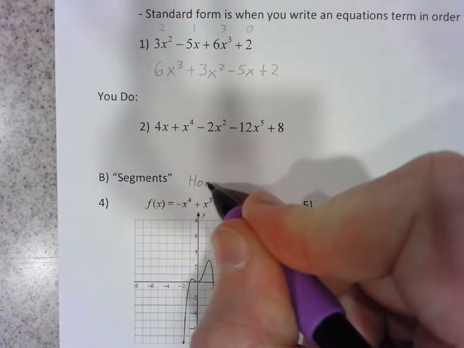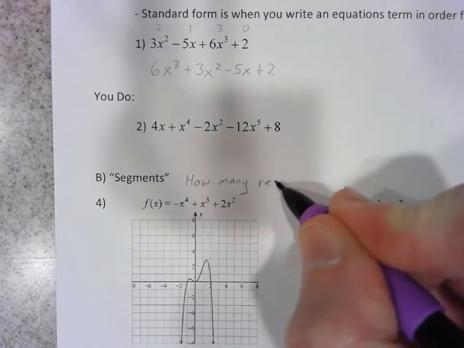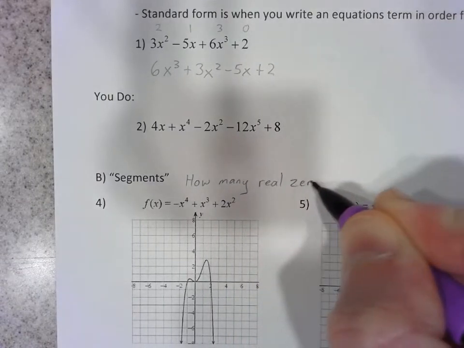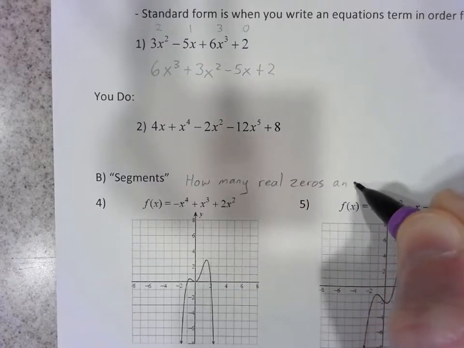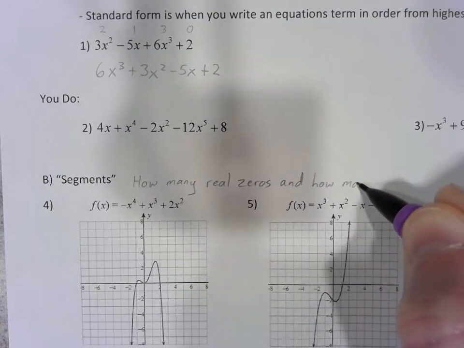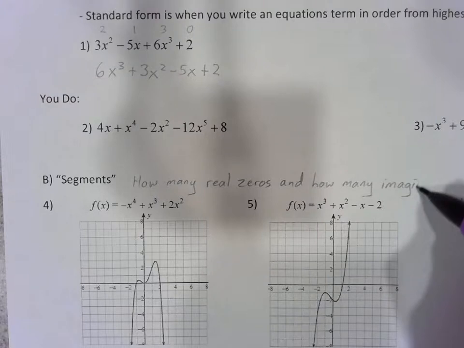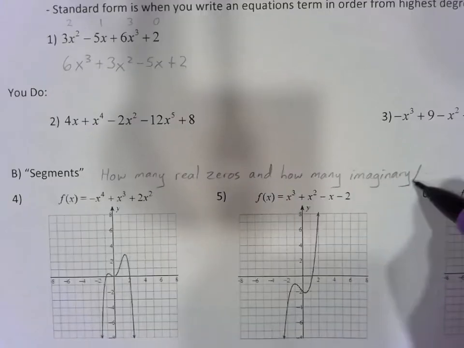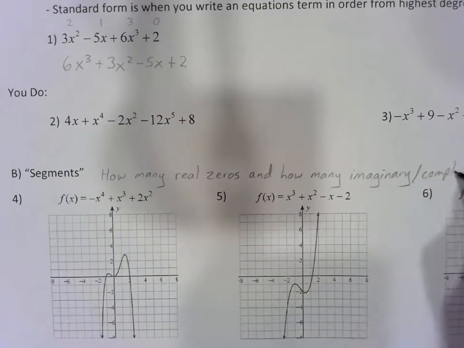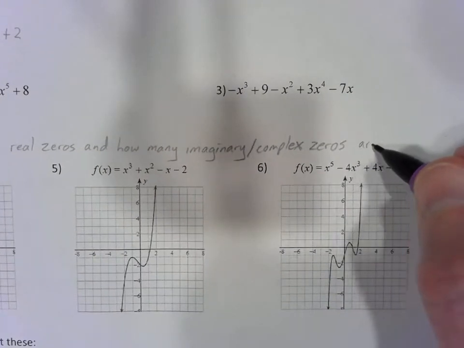How many real zeros and how many imaginary or complex zeros are there?